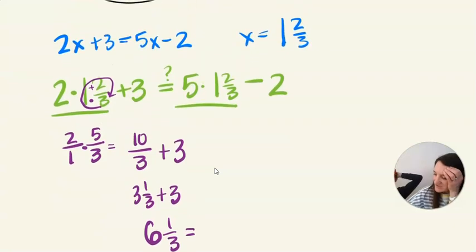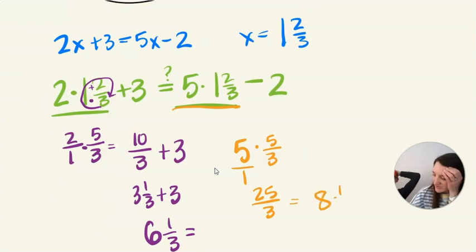All right, let's do this other side now. So 5 times 5/3 is 25/3, which is 8 and 1/3, minus 2, which is 6 and 1/3.